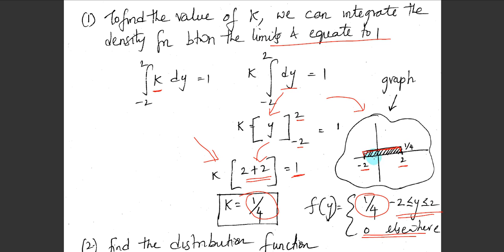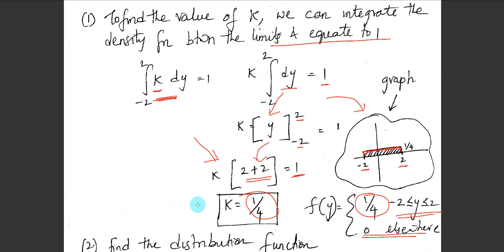So for this continuous random variable, we found the density function by simply integrating. We took the original density function where we had k, an unknown value, and equated the integral to 1 on the right hand side to show that this is a legitimate density function, and we found the value of k, which happened to be 1 over 4.